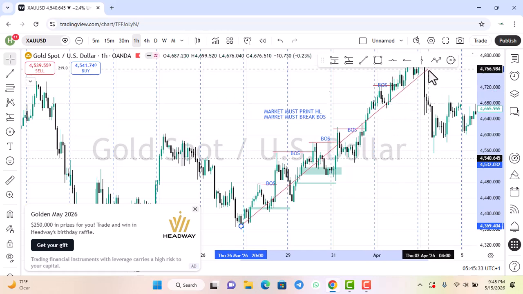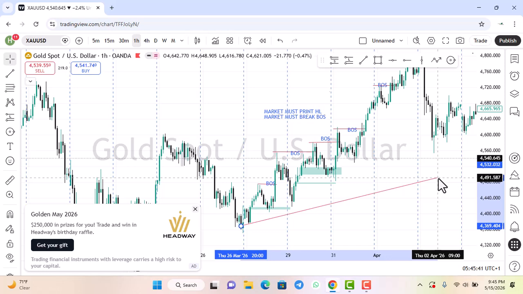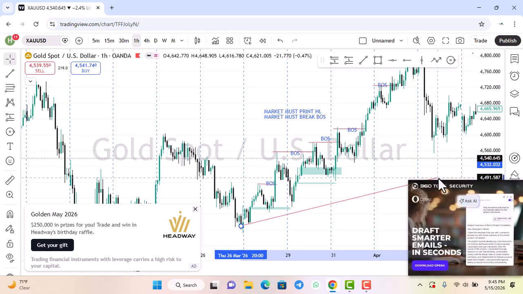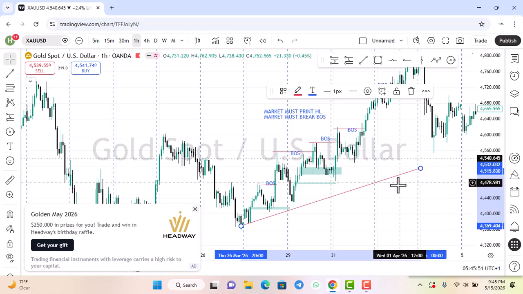So how do I draw this trend line properly? Number one, when you are picking a point, which is your recent higher low, you are looking at the body of the candle, where the candle closes.